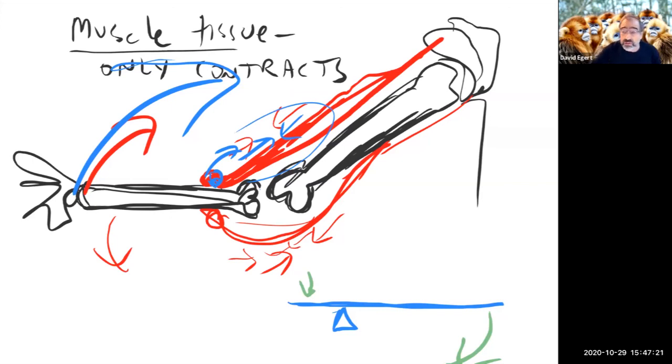Your book's going to talk about different types of levers and things. Don't worry about that. But you should be aware that the concept of levers is important to amplify the range of motion and the speed that things can move, based on how the muscle's attached to the skeleton.